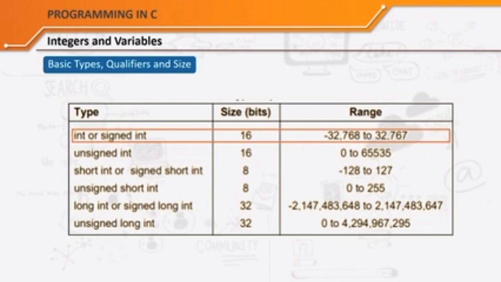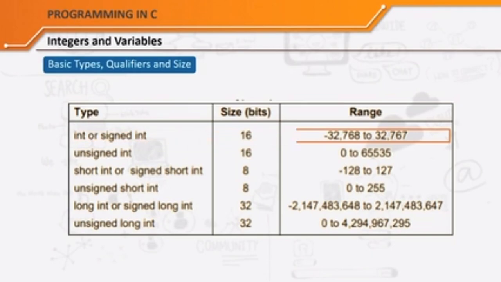For a signed int or for just a normal int, it can be both. It will have the range of values for negative numbers as well as positive numbers. So half of 65,535 will be negative range of values, half of 65,535 will be range of positive values. So the range of negative values for a signed int will be minus 32,768 to 0, and the positive values will be 0 to 32,767.